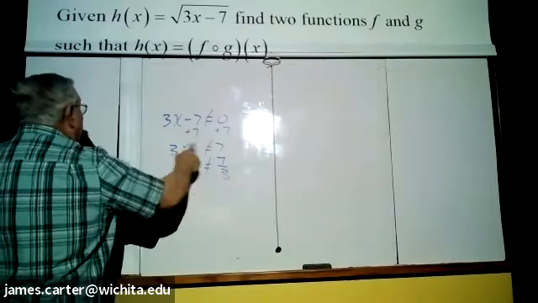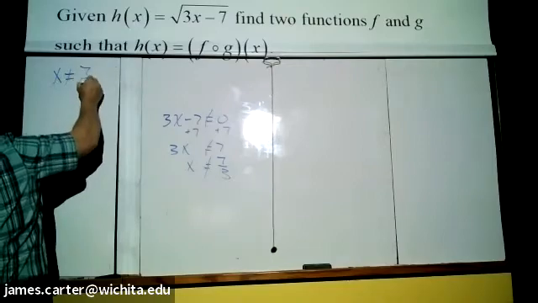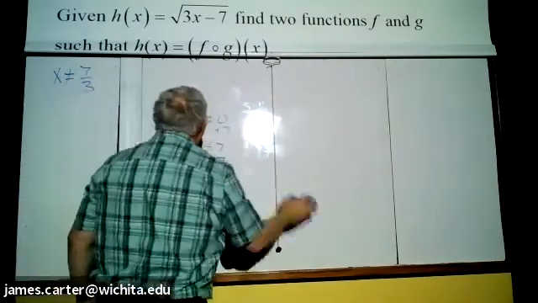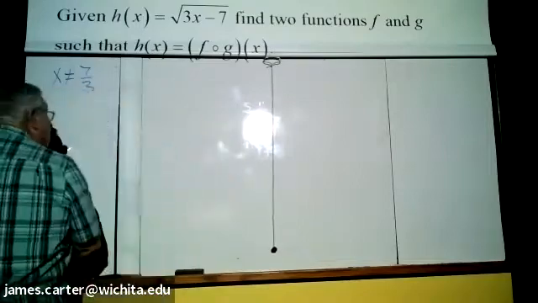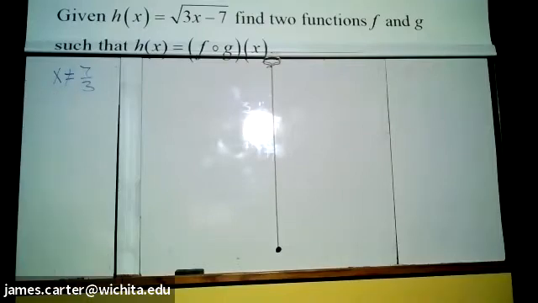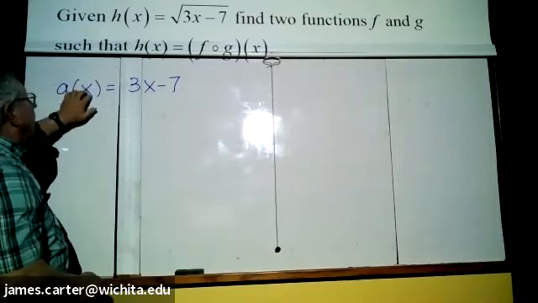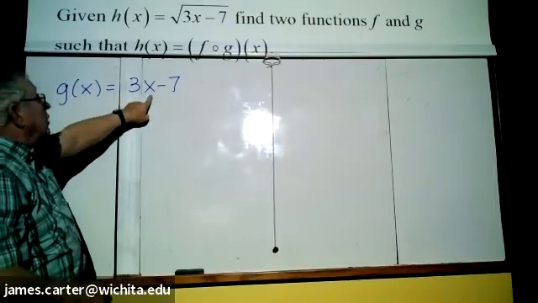That's a disclaimer. X is not 7/3. Now, let's go ahead and work this problem. Remember, x can't be 7/3. So here's my g of x equation.